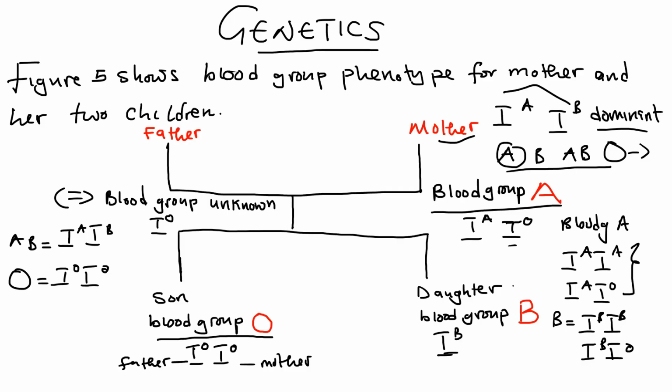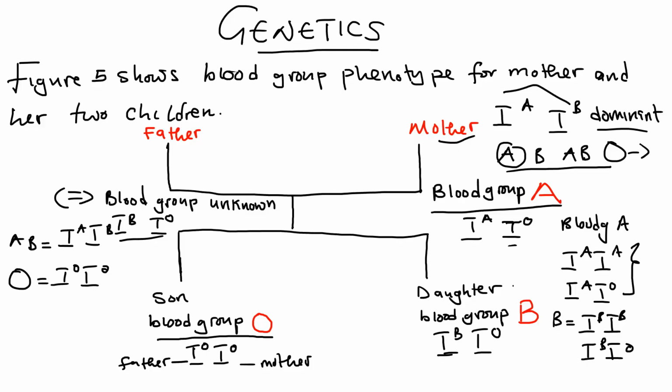So from the mother came O, then from the father came B. So the father's genotype is BO. The father is heterozygous for blood group B, and the mother is heterozygous for blood group A. I guess that makes sense.